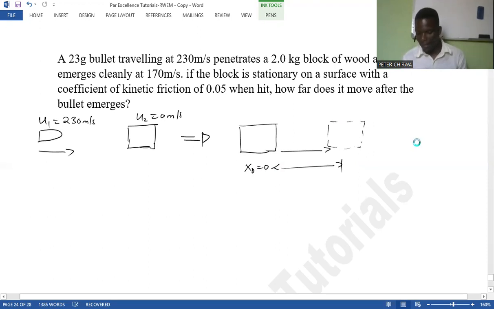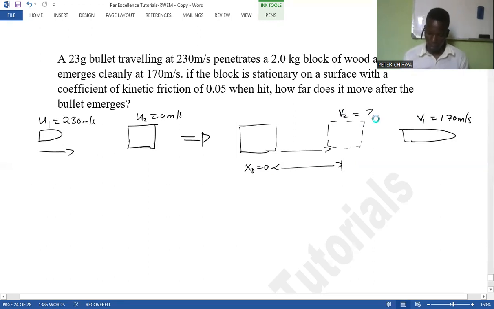The bullet has penetrated with the final speed of 170 meters per second, but we don't know the final speed of this block. And we are looking for the distance it covered. So how do we get that distance?